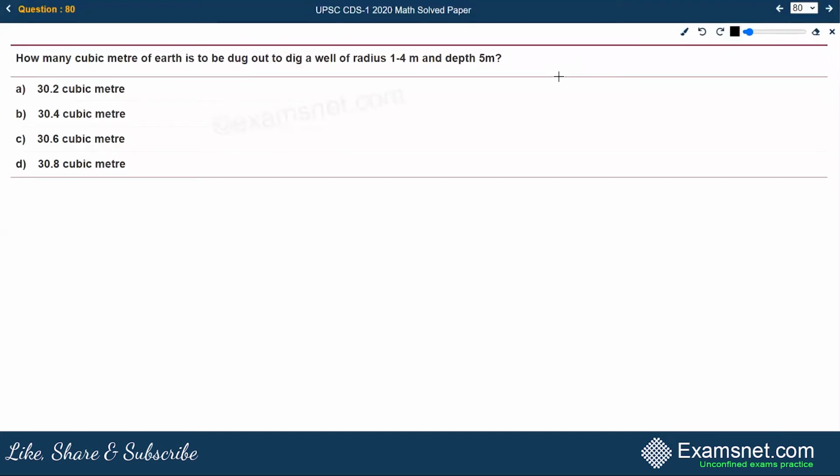In question number 80, it is asked how many cubic meters of earth are to be dug out to dig a well of radius 1.4 meter and depth 5 meter. First of all, a well is always in the shape of a right circular cylinder.